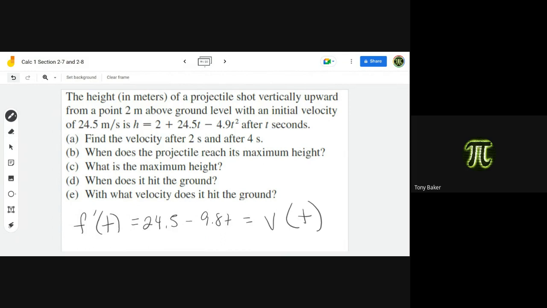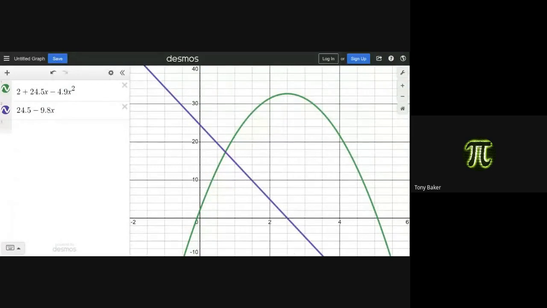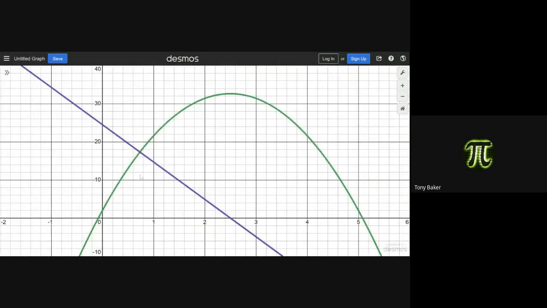So let's look at the graph of this. So here's my graph. Okay. My vertex is at 2.5. The purple line is my derivative, my slope. At 2.5, my derivative is 0.